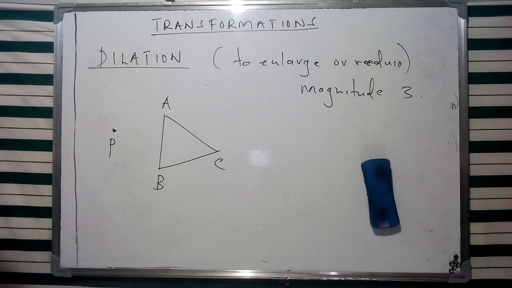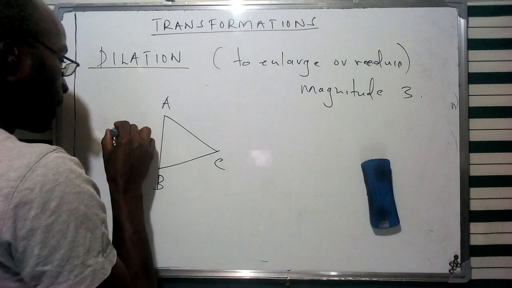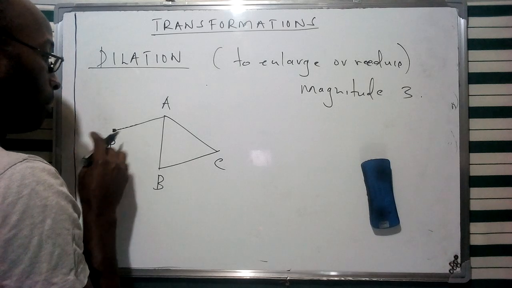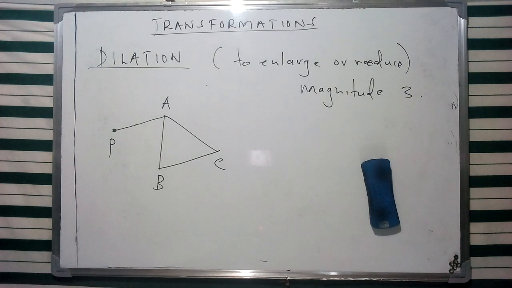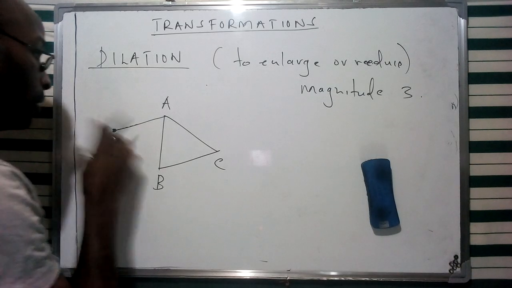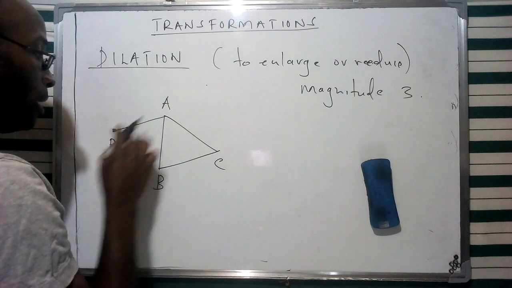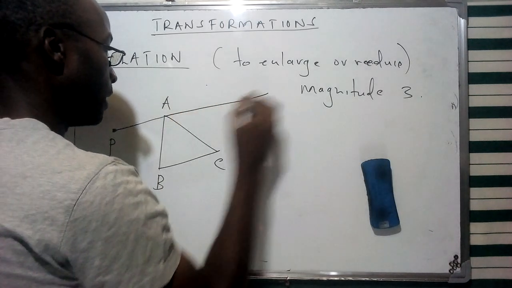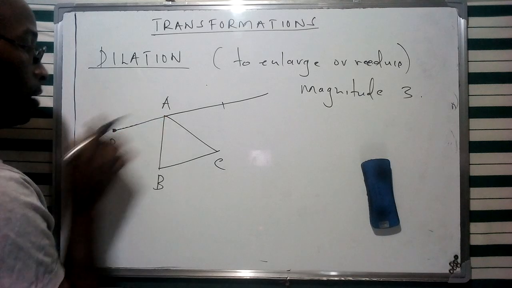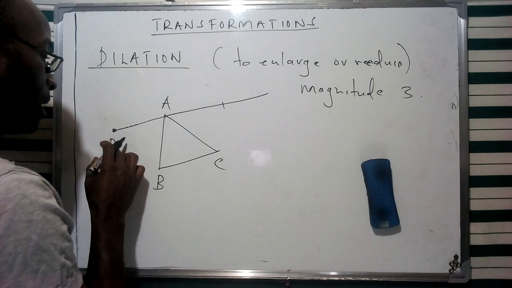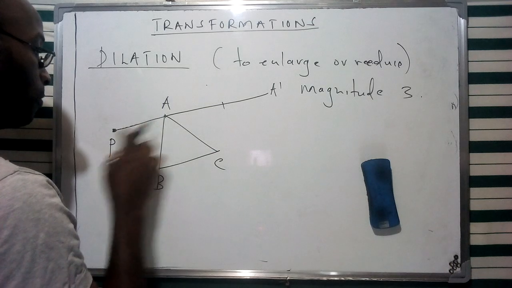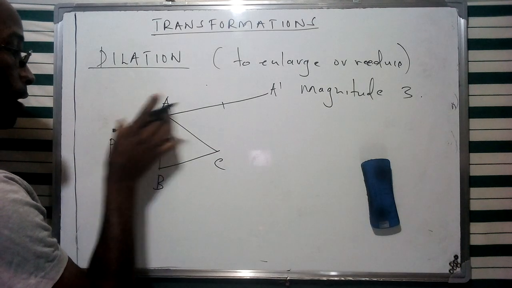For me to perform this, I'm going to draw a straight line from the point P, which is the center point, to this particular point A. Then I'm going to consider the distance between P and A, and make the point from P 3 times farther. So I'm going to extend this line to be three times as long as PA. The distance from P to A prime is going to be 3 times this specific distance PA. So I'm going to consider this as the first portion, second, and third.